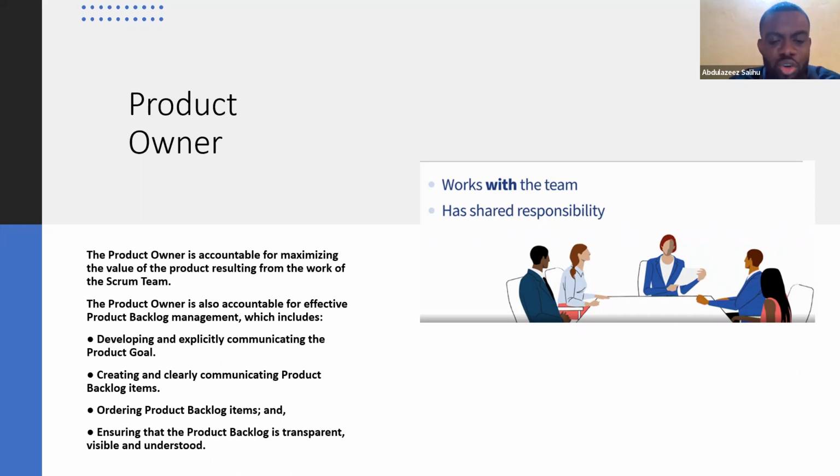So for you to have a successful Agile delivery team, you must ensure that your product owner is not a proxy product owner, that he or she at any point in time understands what the business wants, can clearly articulate it, and can also handle prioritization, which one is most important at this point in time.